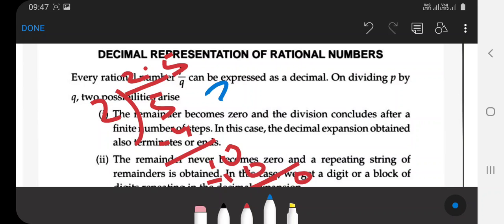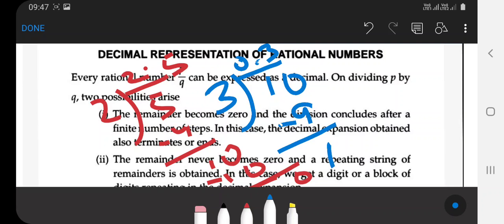If you divide 1 by 3: 0.0, 3 threes are 9, subtract, remainder 1, again 0, 3 threes are 9, again 1.